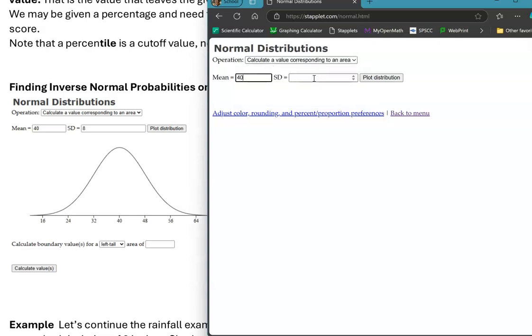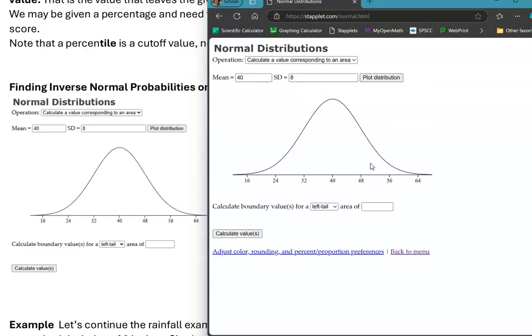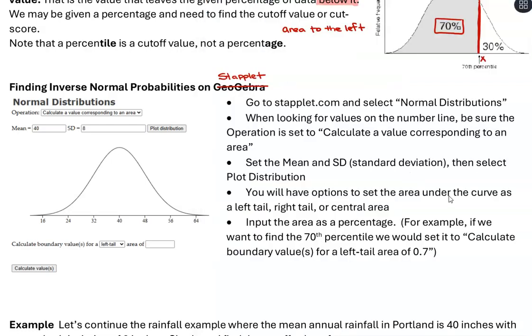I'm going to set up my mean and standard deviation, and we get our picture here. And then we're going to have these options: calculate boundary values for a left tail, right tail, or central area of, and then we plug in the area in decimal form.